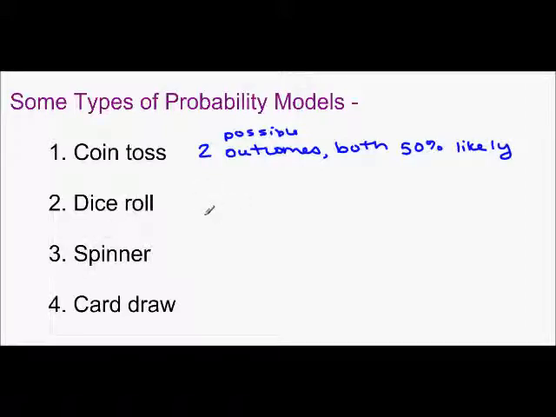Okay. Another common probability model that you may have heard of is the dice roll. Usually in problems that you'll see on standardized tests, they're talking about a 6-sided die, but you could have more than one type of die. You could have a 4-sided die, a 3-sided die, a 12-sided die. Usually what you're going to see, at least for my class, is a 6-sided die.